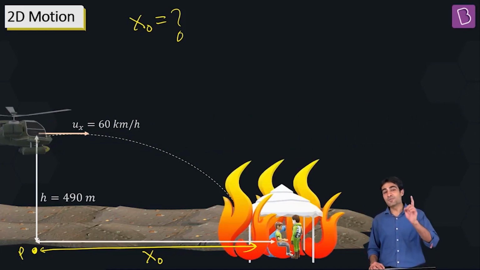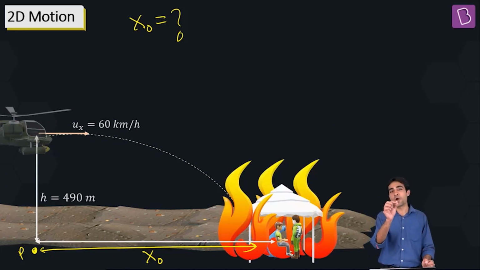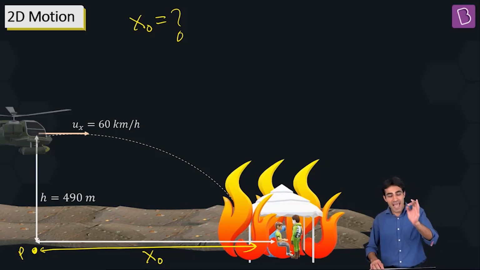Now, you might have noticed that the bomb, when it was inside the helicopter, was moving along with the helicopter. Yes. So when we just release the bomb, the horizontal component of the velocity of the bomb is actually equal to 60 kilometers per hour, the velocity of the helicopter itself. Okay, we got it.